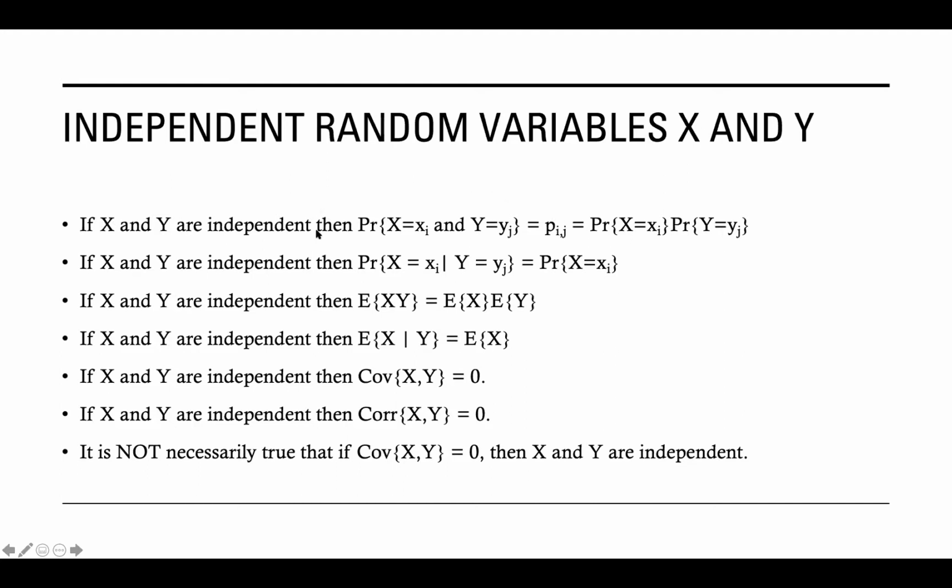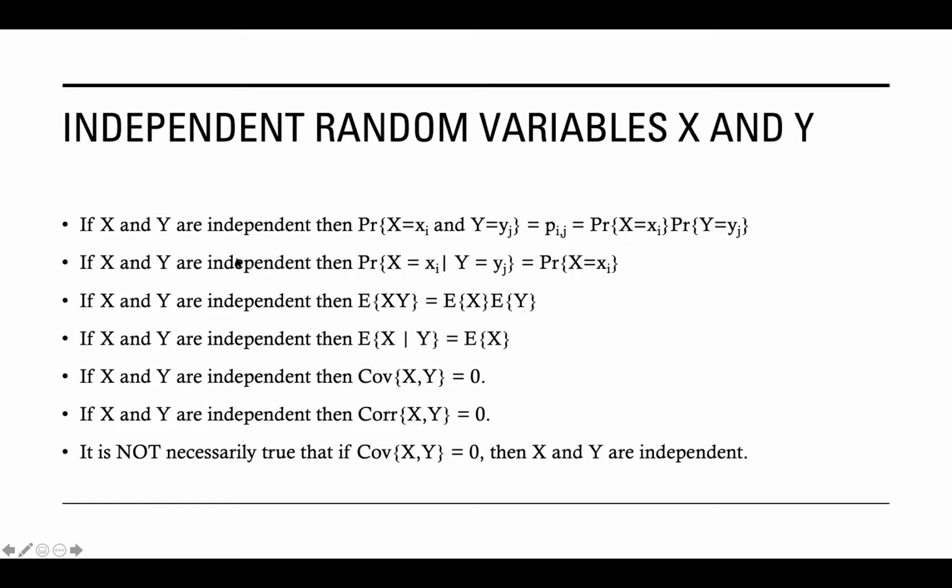So X and Y are independent if the joint probability of Xi and Yj for all i's and j's is equal to the marginal probability of Xi times the marginal probability of Yj. So if the conjunction, both of them happening, is just equal to their independent chance of happening, we say they're independent.